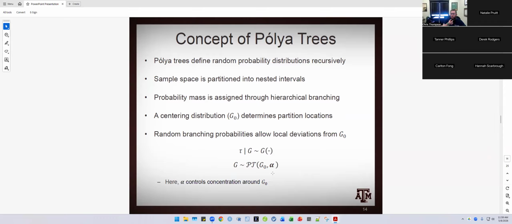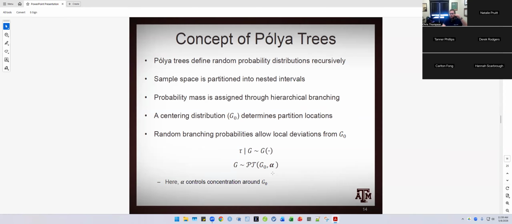And this sample space is partitioned into nested intervals. And the mass for the prior is assigned through branching at different levels. And this is where the name tree comes into play, is that you have different levels that you're essentially cutting your support into 2 pieces, and then 4, and then 8, and then so on until you stop.